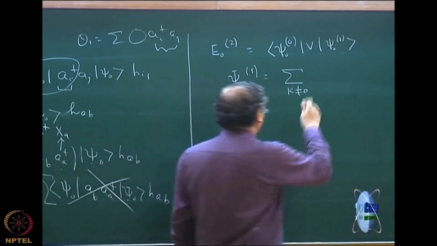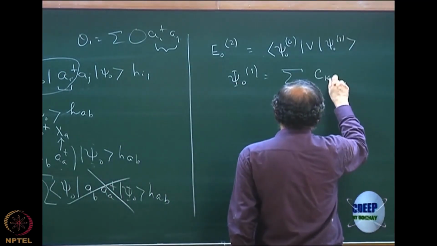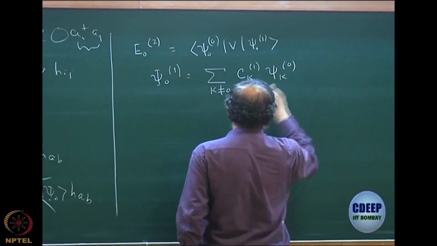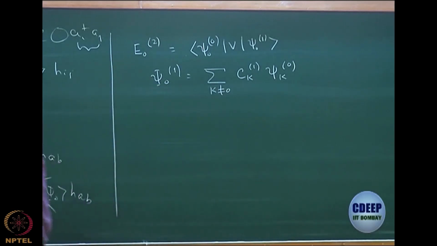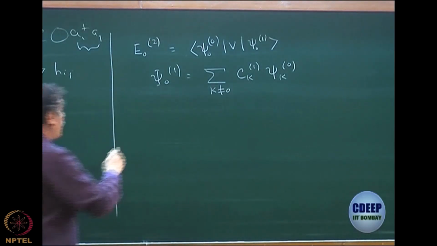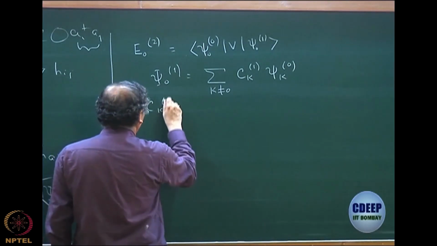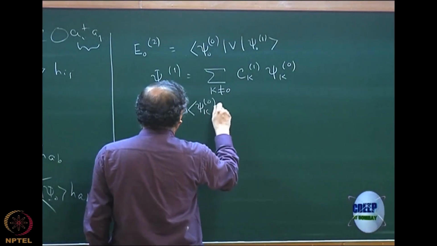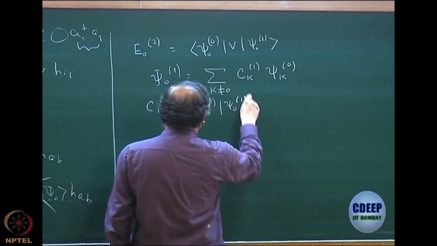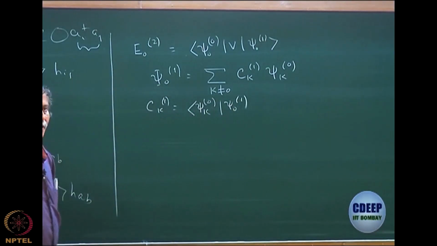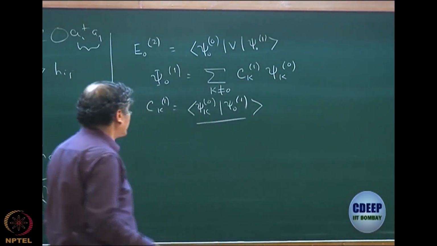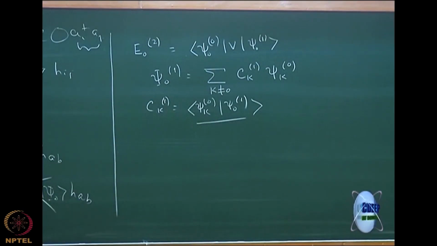So we find Ck1 as the overlap of psi k 0 with psi 0 1, or any specific L, I, whatever you call it. This K is here a dummy index, however. So if I can calculate this integral, then I am in the business.